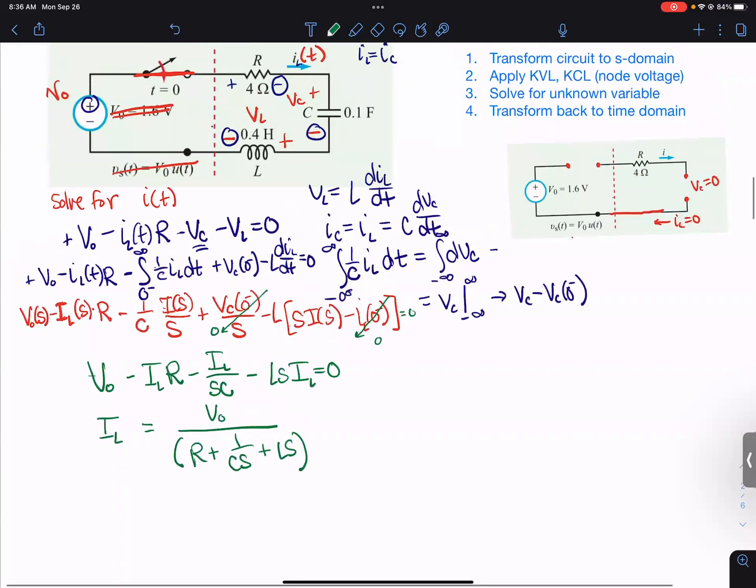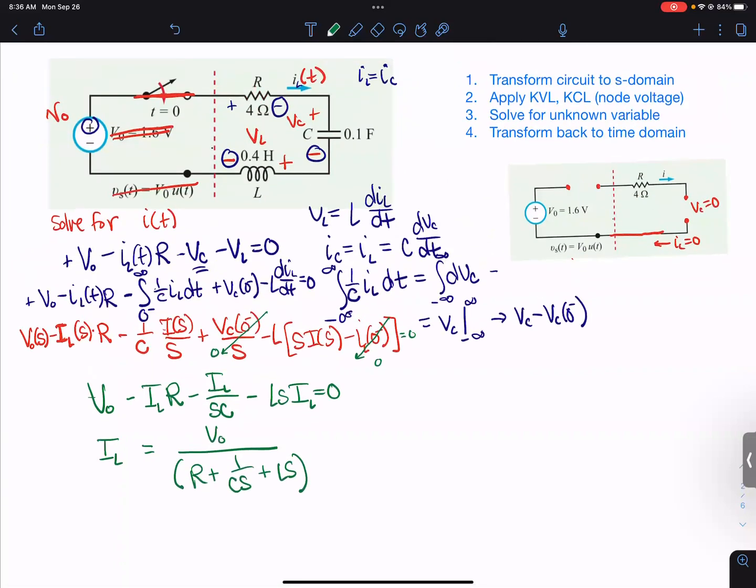And we can go back and plug in the numbers: 4 for R, 0.1 for C, 0.4 for L. And translating, so say we are looking at 1.6, that's just going to be a number.